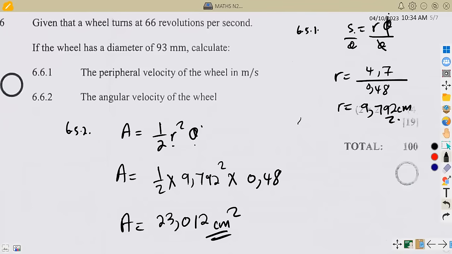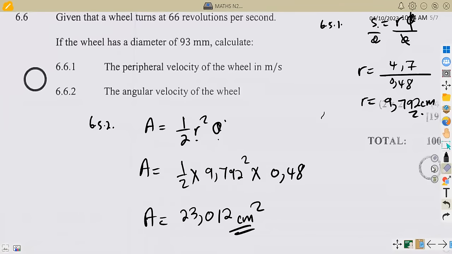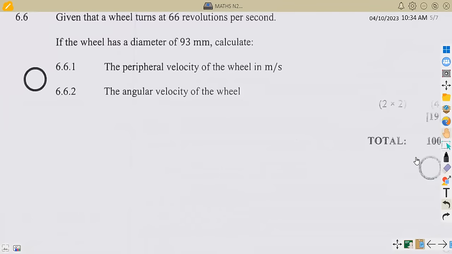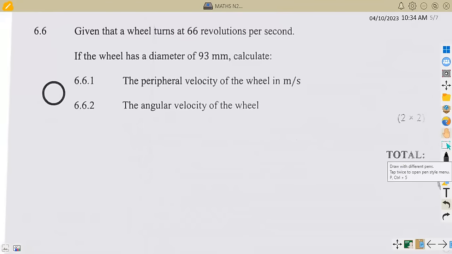All right, on question 6.6, we are given a wheel that turns at 66 revolutions per second. So we are given n, which is 66 revs per second. We are also given the diameter of the wheel in millimeters, which is 93 millimeters.